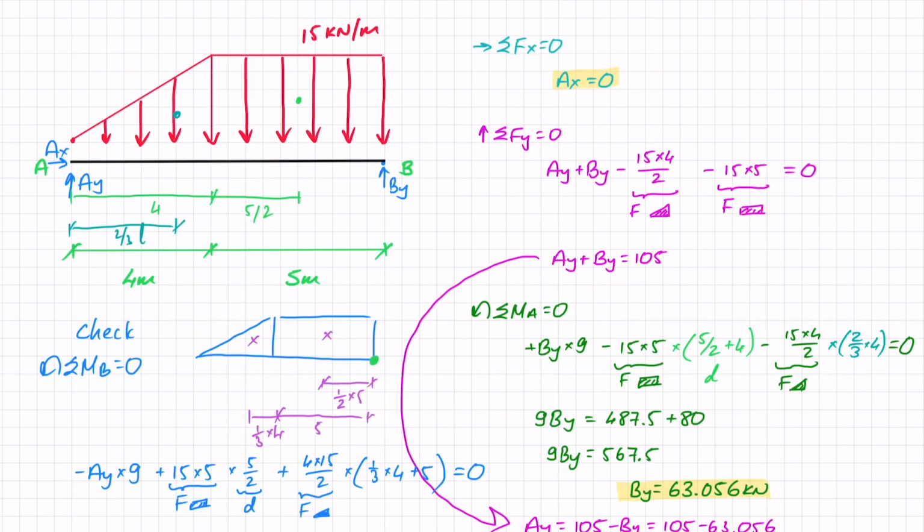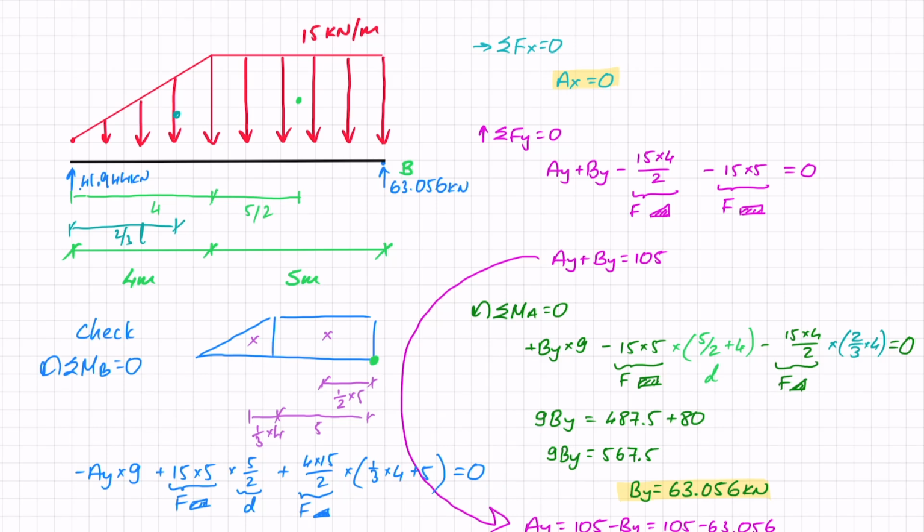What I want to do now is replace those forces with the actual values. So AX worked out as 0, AY worked out as 41.944 kilonewtons, and BY worked out as 63.056 kilonewtons. Units, everything worked out.